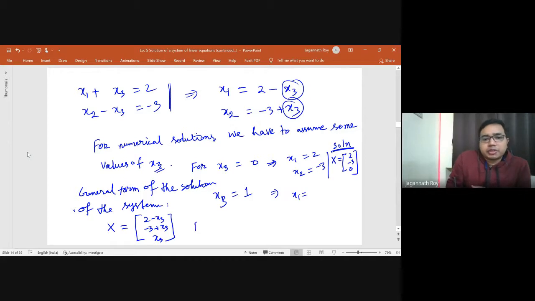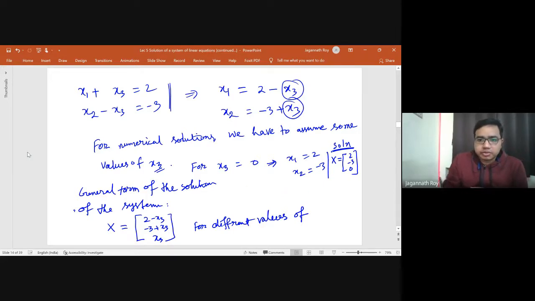For different values of x3, we have different solutions. In fact, we have an infinite number of choices of x3. So that is why we get many solutions here.